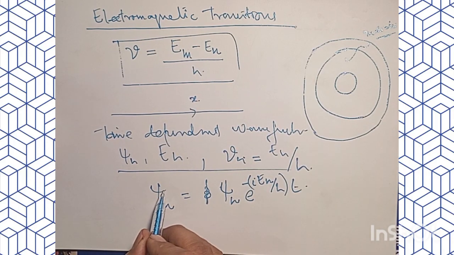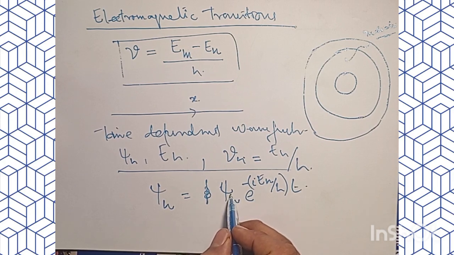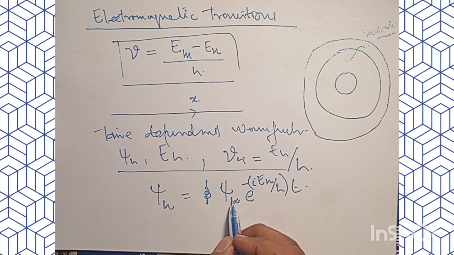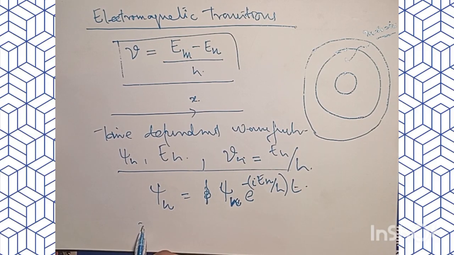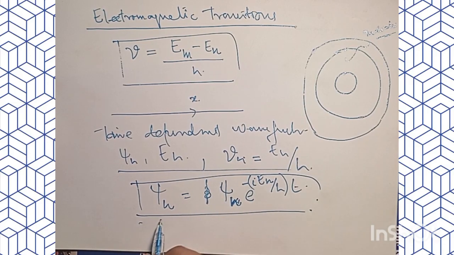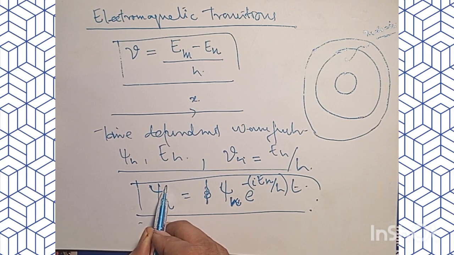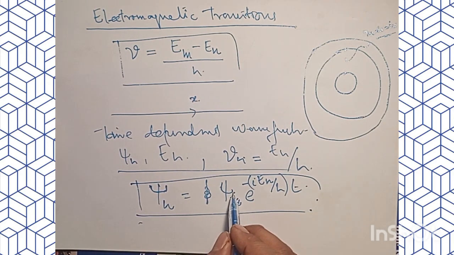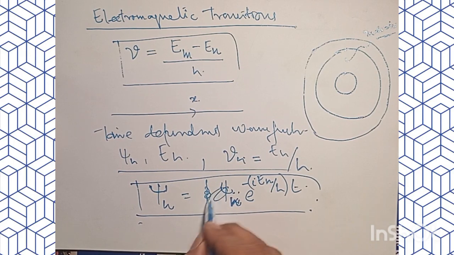So this overall wave function is psi n. Since I have to make a distinction, let me use phi n here.